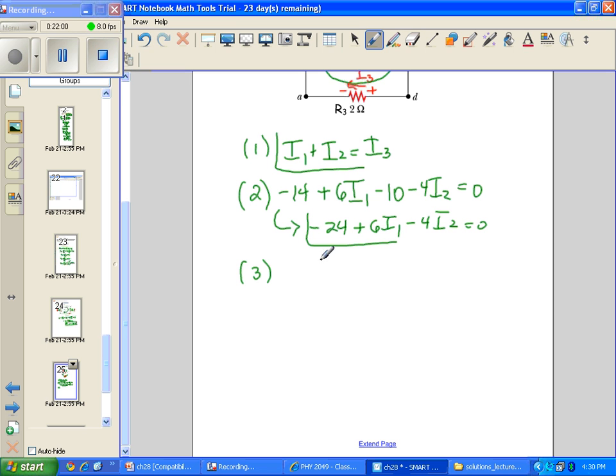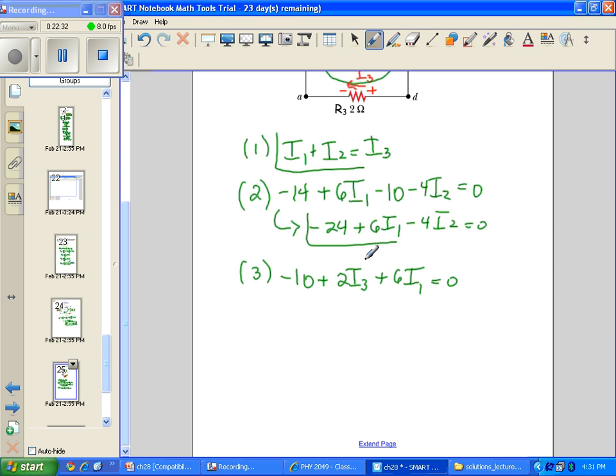Here I have this in writing, although we can't quite see it, but I have a minus 10 volts plus 2I3 plus 6I1 equals 0. Well, let's see, is that correct? Plus 6I1. Now, what I want to do is substitute, let's see, did I get this right?